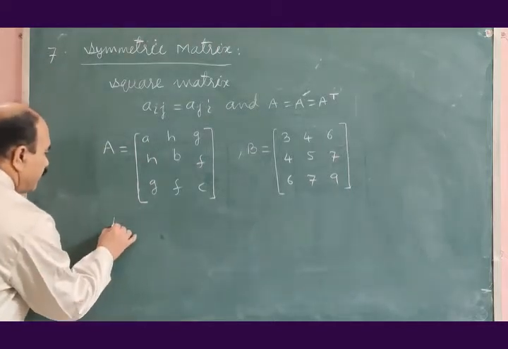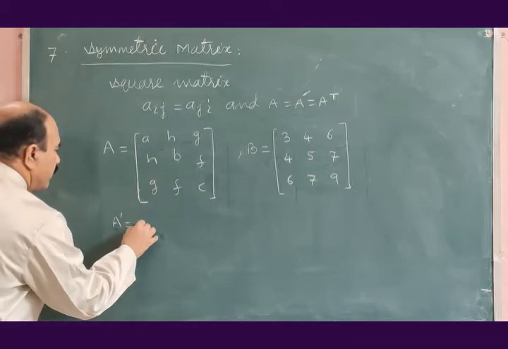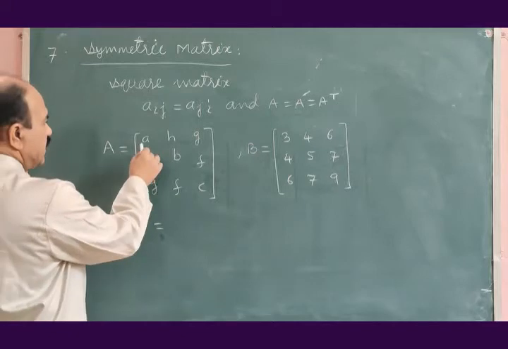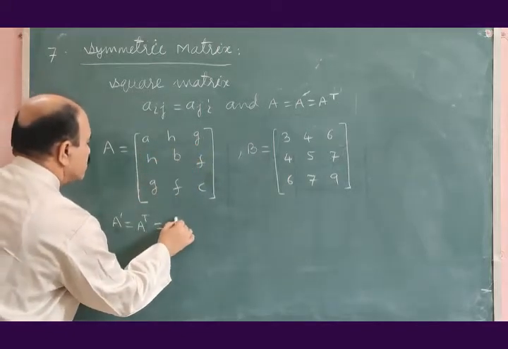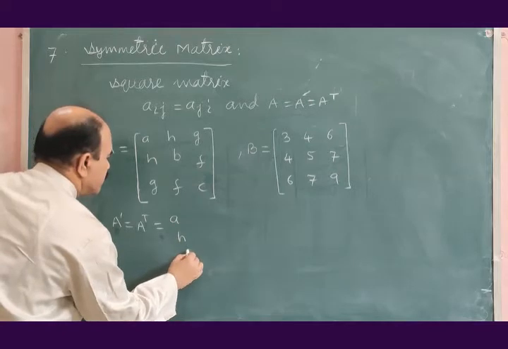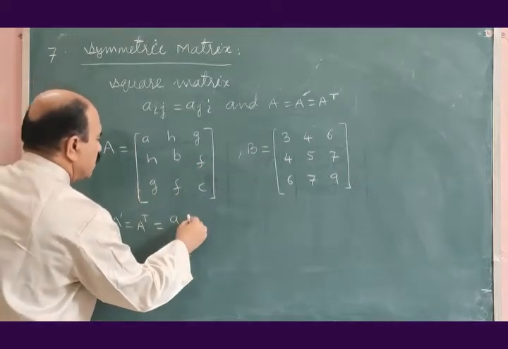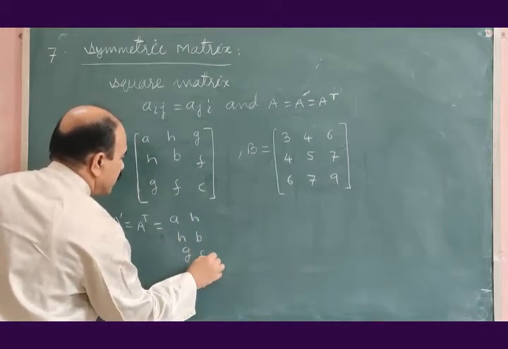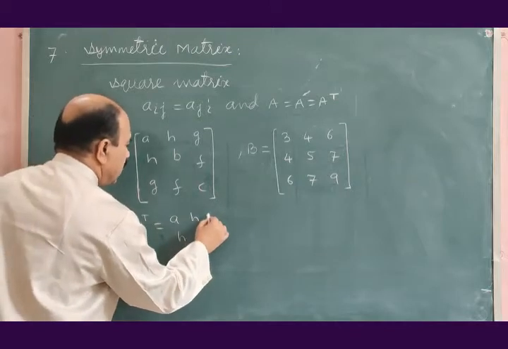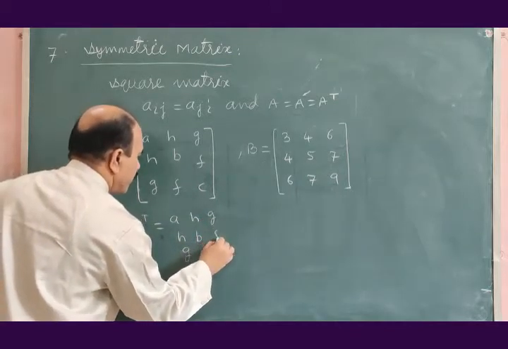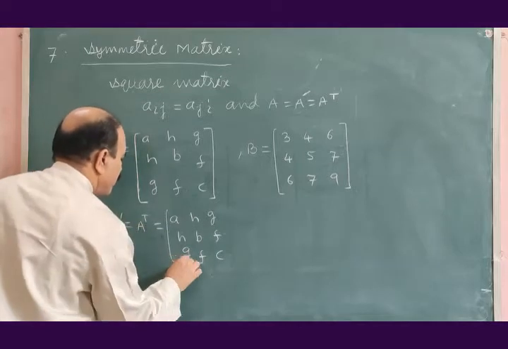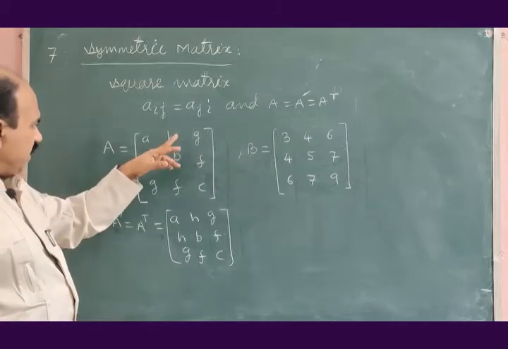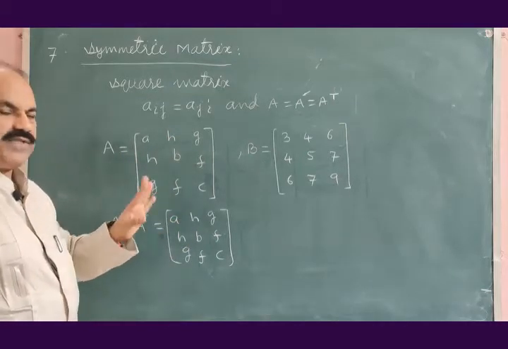For example, A prime or At is equal to, this is the row, let me write this row as column A, H, G. Second row, let me write it as second column H, B, F. Third row, let me write this as third column G, F, C. Compare these two, A H G, H B F, G F C, same.